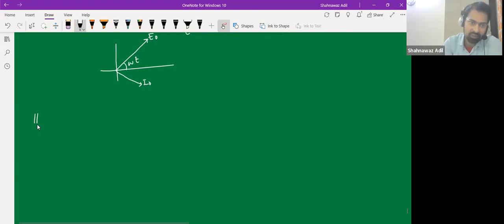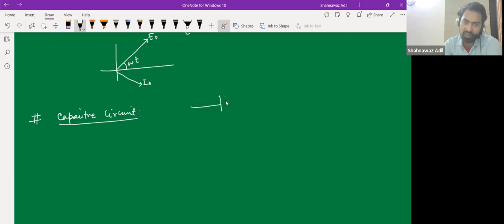And the third one we did was this capacitive circuit. In the capacitive circuit, we had this capacitor, which has a capacitance of C, and we have this supply, and then we calculated the current.